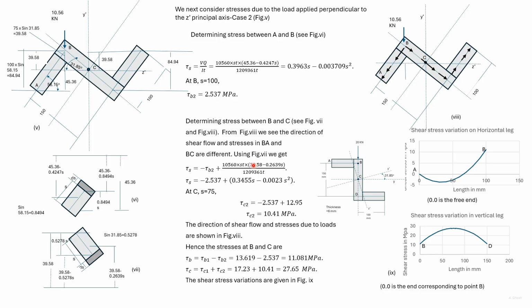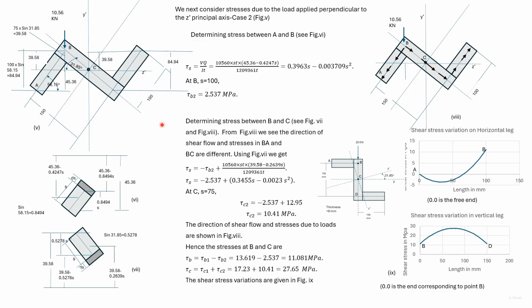So here we have written Q, the V is this load and I is Iz dash. So we obtain an expression for tau s. At C, s is equal to 75 and we get tau C2.